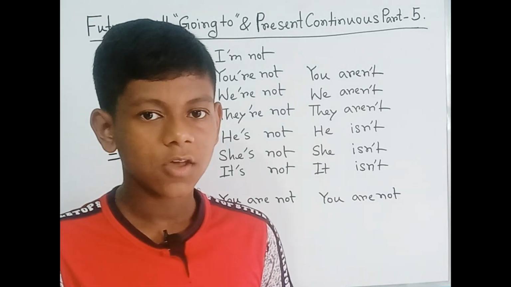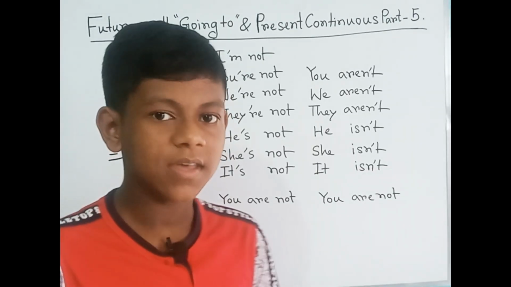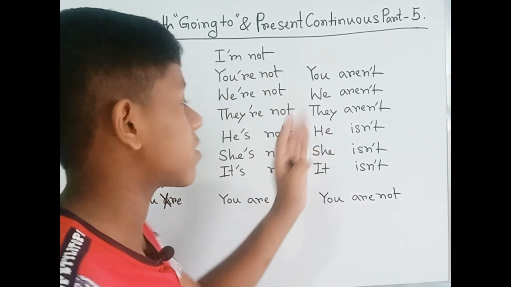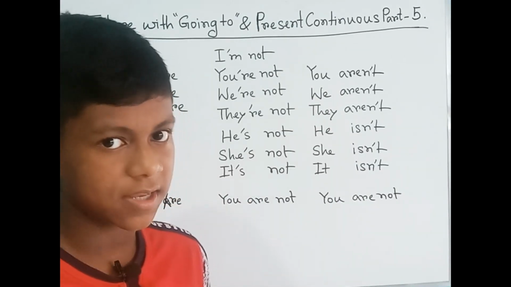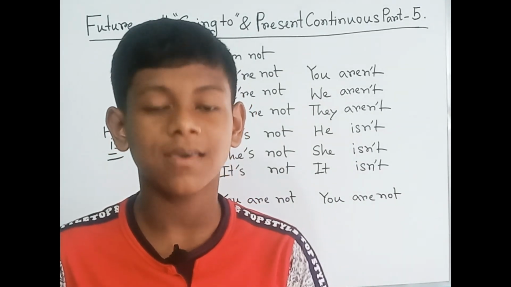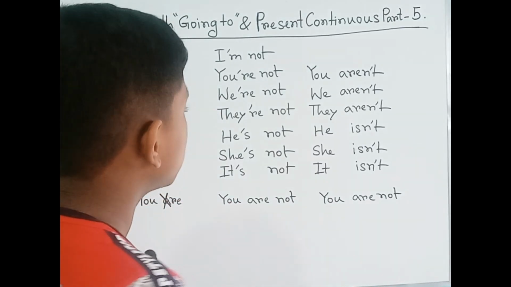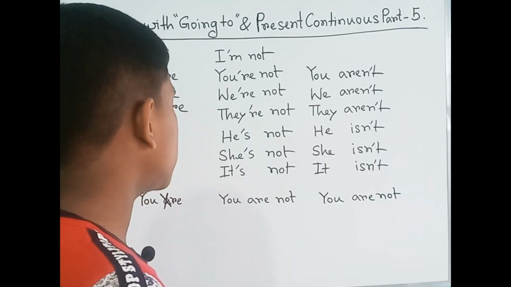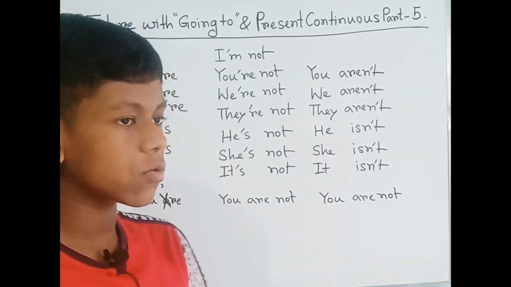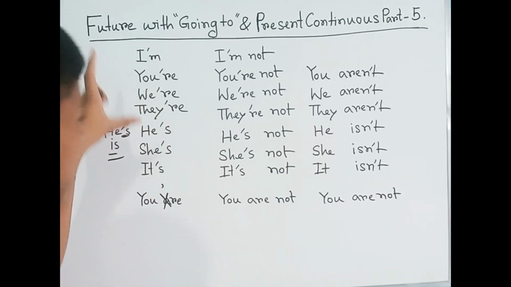Then we will talk about the negative. In negative, there are two parts. But what about the question? Yes, don't panic. I will explain step by step. Just wait. In the negative, generally what do you need to do? We have to just contract, that is I am, you are, he is, just like the positive.